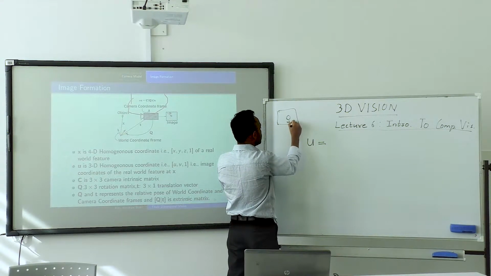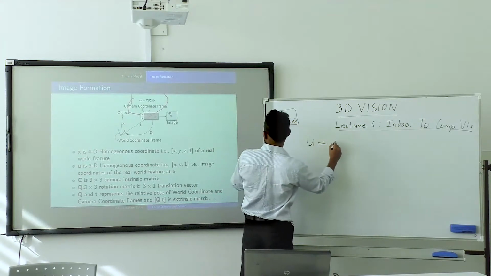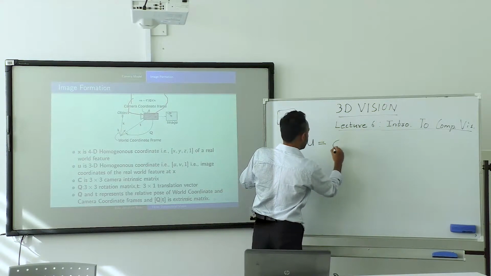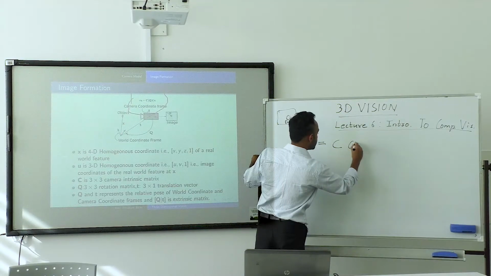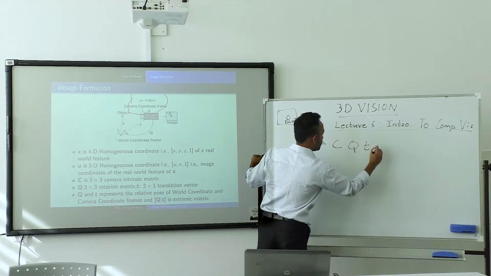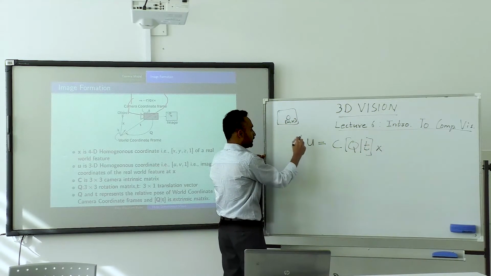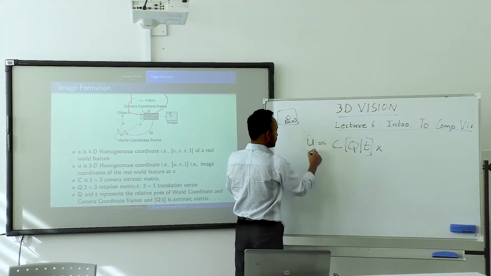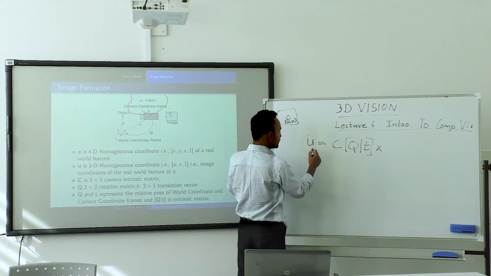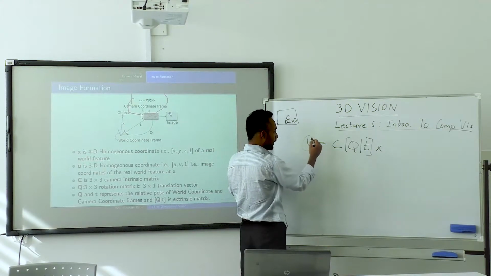This is represented by UV, and is related to the 3-dimensional information using this equation. What you have here is a homogeneous coordinate, which means that along with the 2 dimensions, there will be one additional dimension.